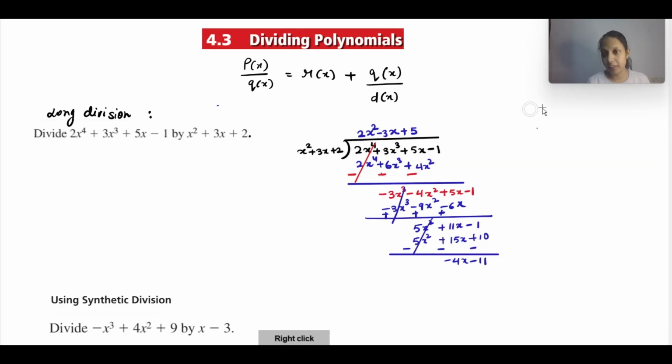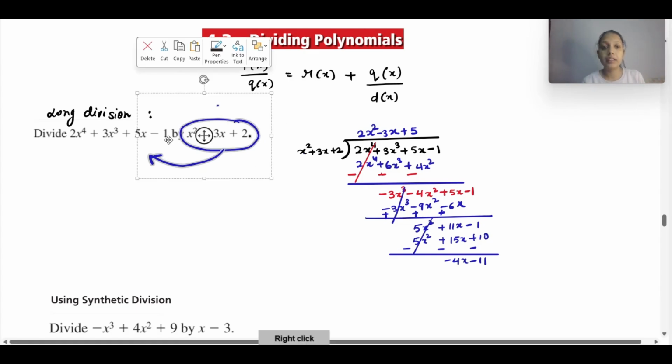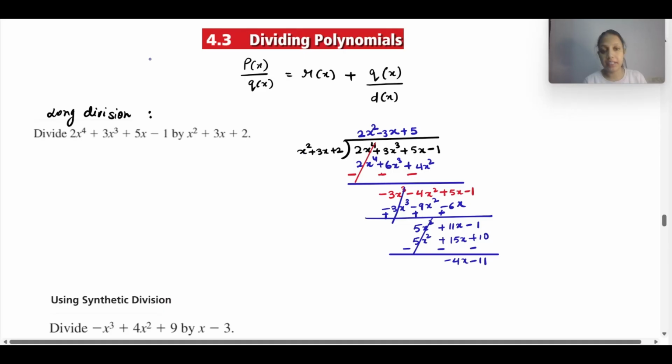You got the dividend here. If you got the remainder 0, this means the term that you are dividing with is a complete factor of the given polynomial. It's a complete factor if it divides and gives you the remainder 0.